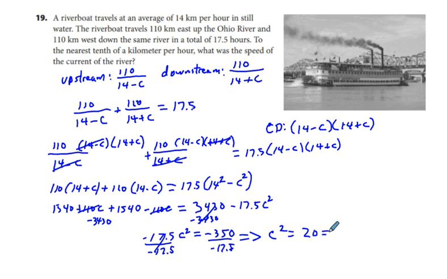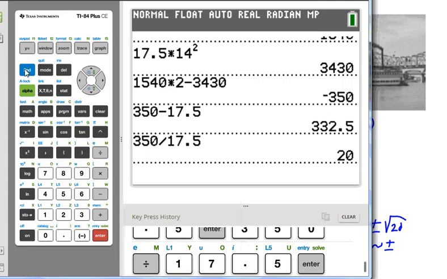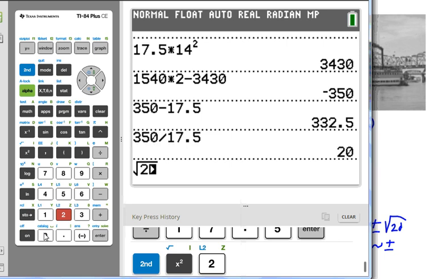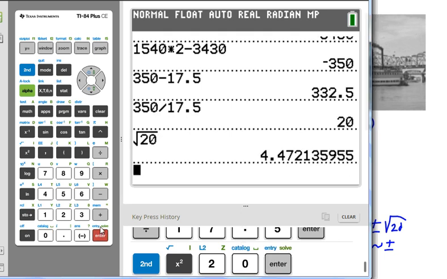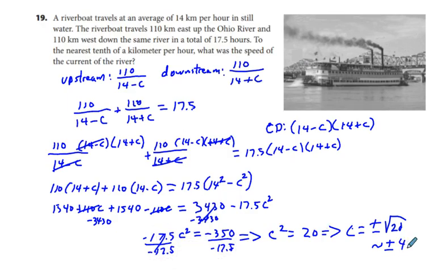So c is going to be equal to plus or minus the square root of 20. What do we get here? About 4.47 kilometers per hour. Okay, so that's going to be it.